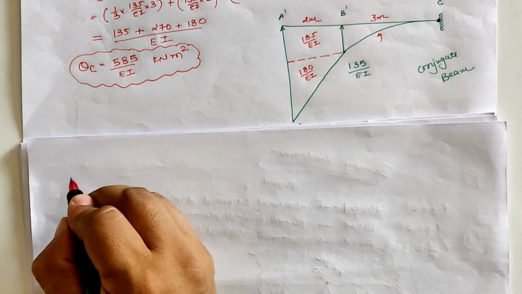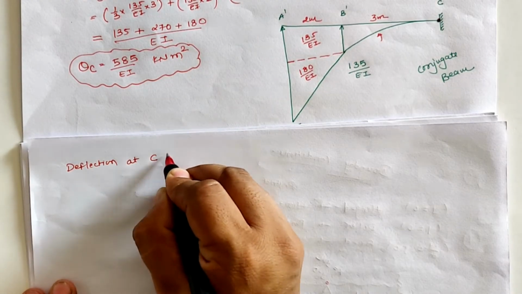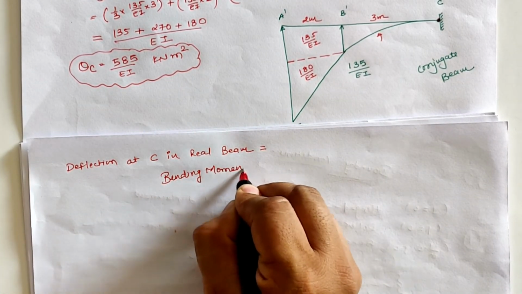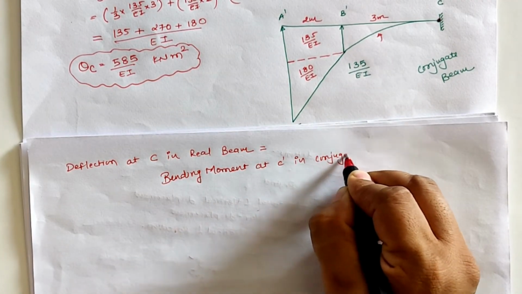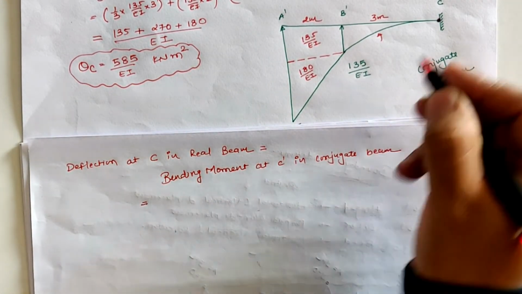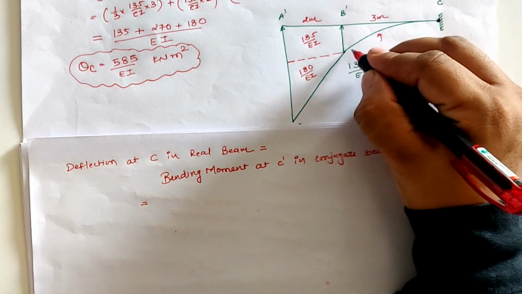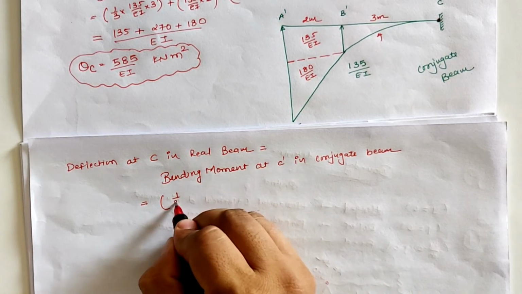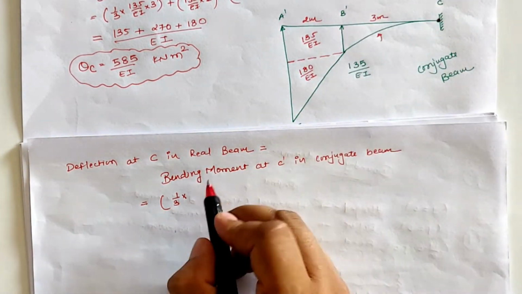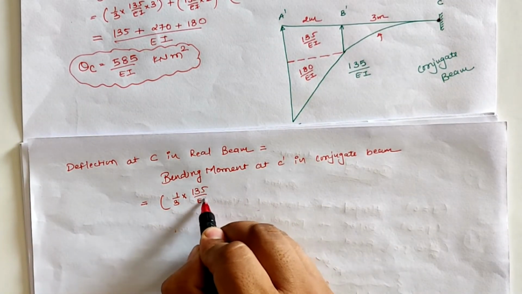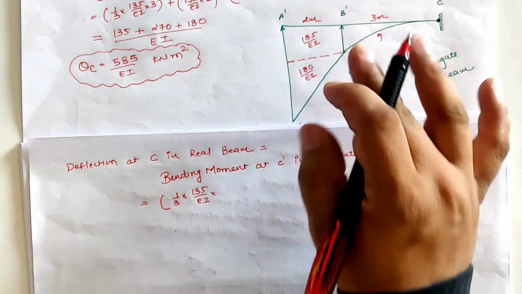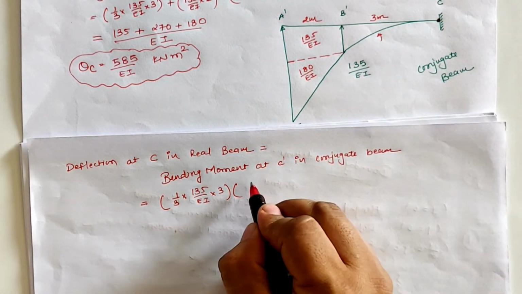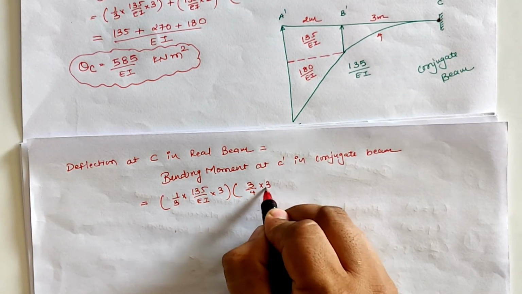So at location C dash, for the parabolic curve moment, the total loading is 1/3, the rate of loading is 135 by EI, and the total distance is 3 meter, and the CG distance from C dash is 3 by 4 of the distance.